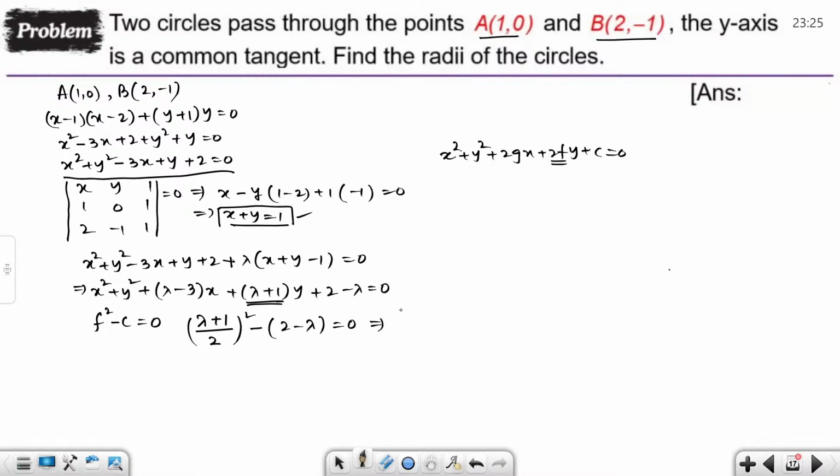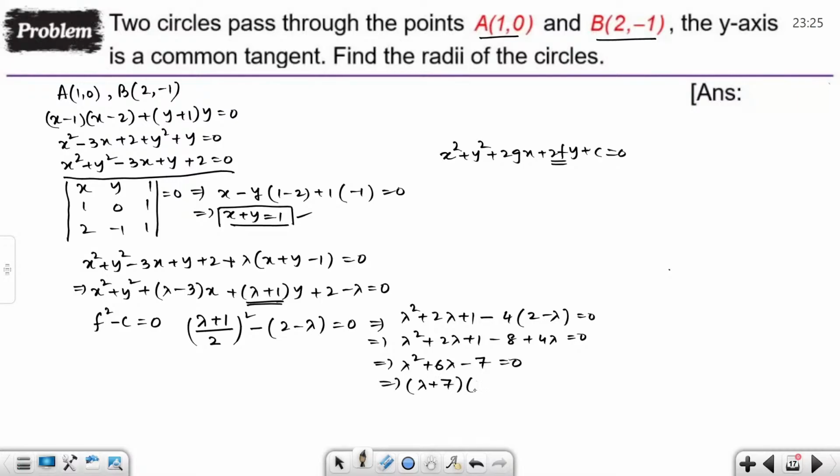So if I just open the brackets, what we are going to have? So from here we are getting lambda is 1 and lambda is minus 7.